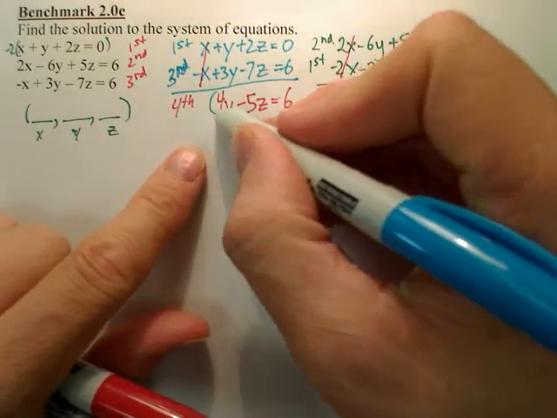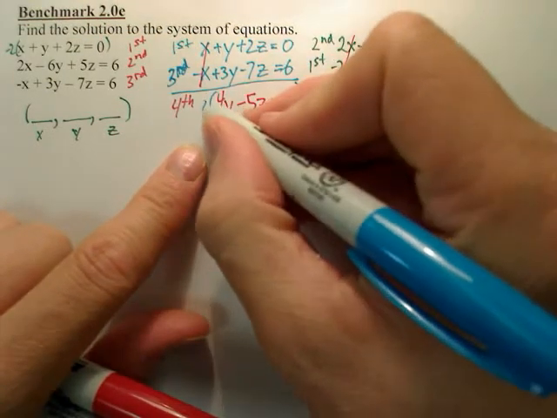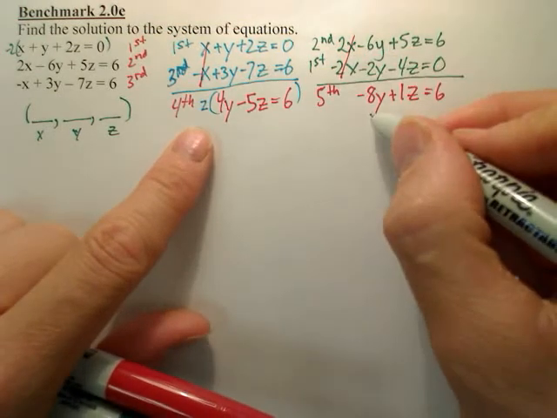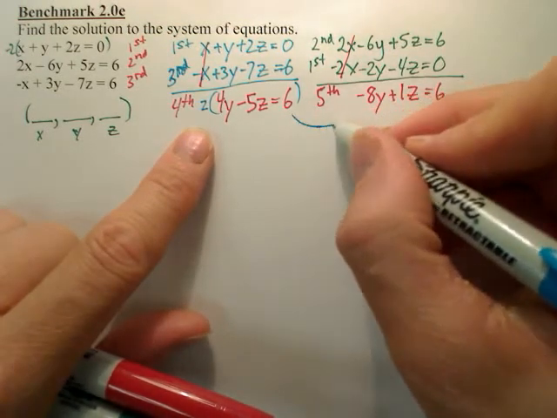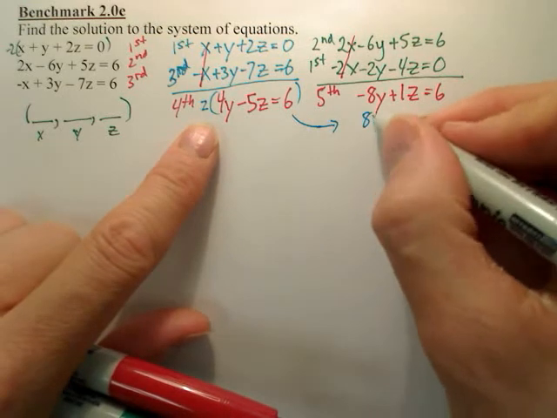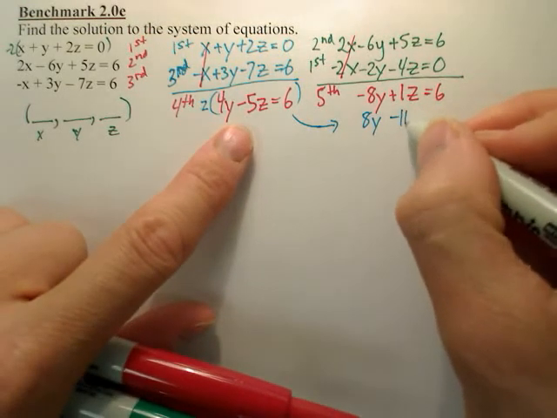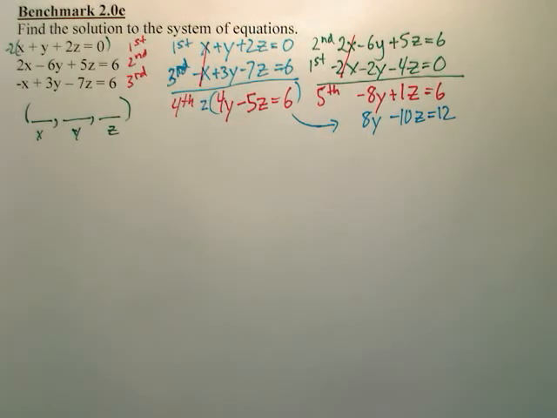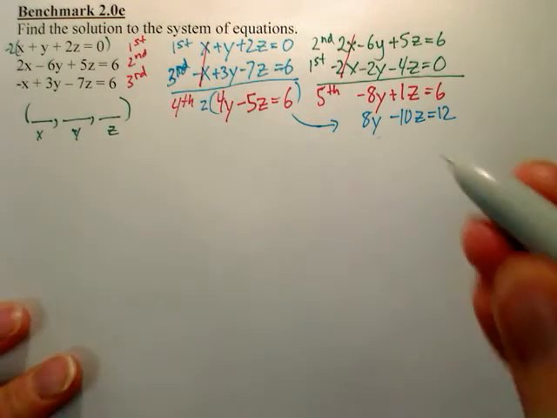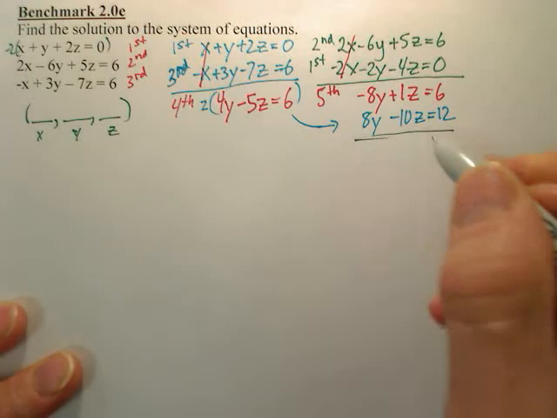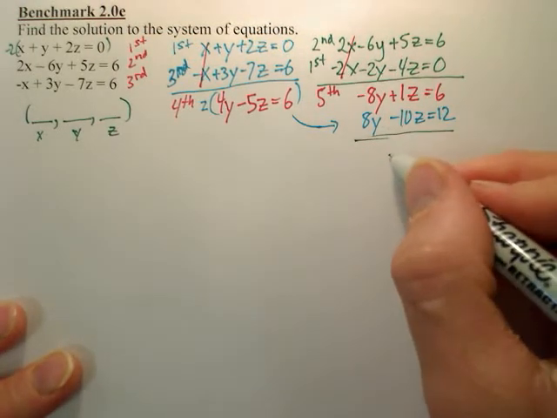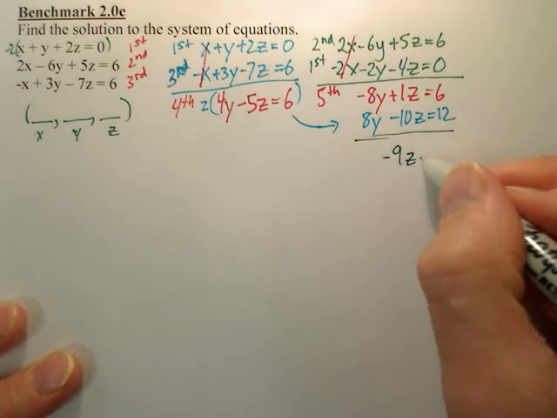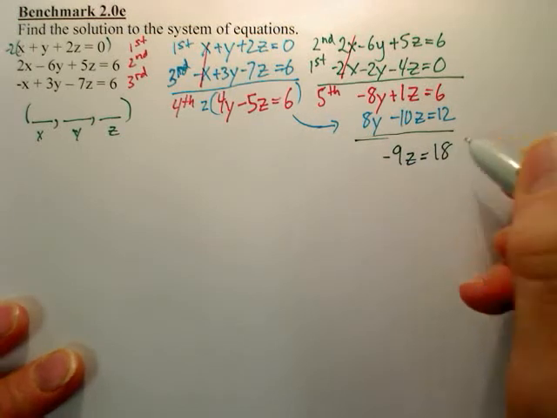So I'm actually going to multiply this by 2. And when I do that, I'm going to bring this equation down here. I get 8y minus 10z equals 12. And when I solve that, when I combine and eliminate, those cancel, leaving me negative 9z equals 18.